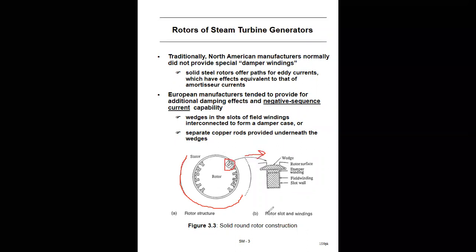We can see in figure B the rotor slot, and inside, the winding is placed. This is the damper winding, and below that is the field winding, and this is the slot which is provided on the rotor. Let's move forward.